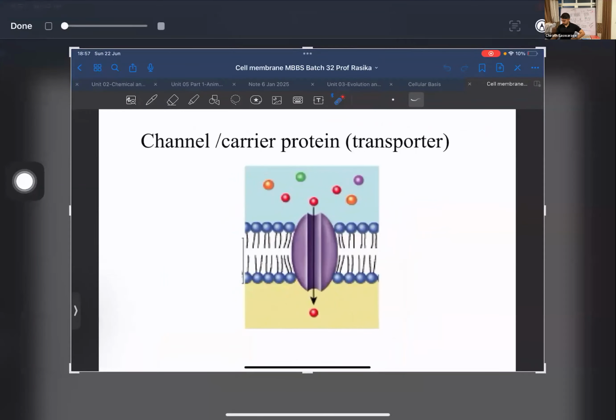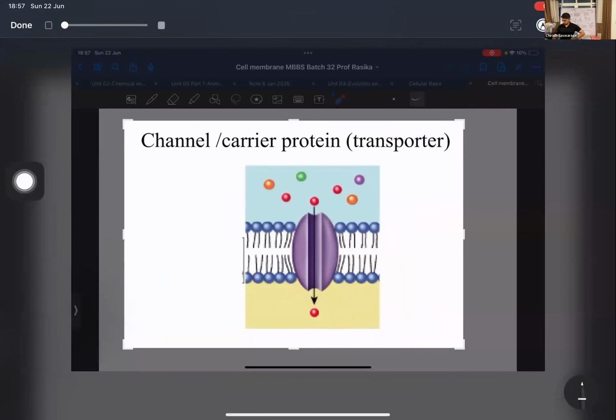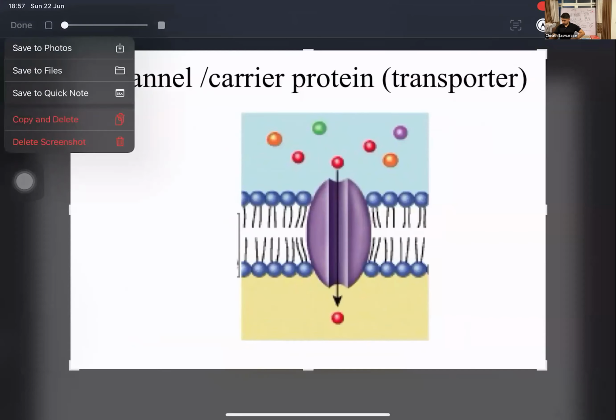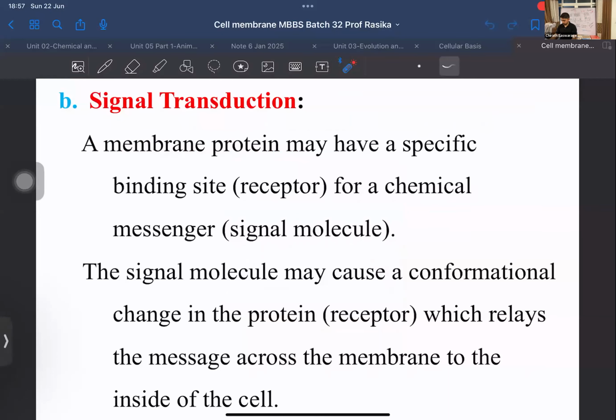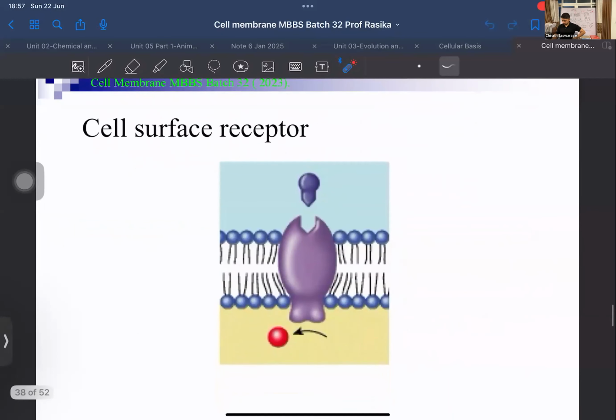So now it's easier for me to show. So that is one function: the membrane is selectively permeable. Everything is not able to come in.